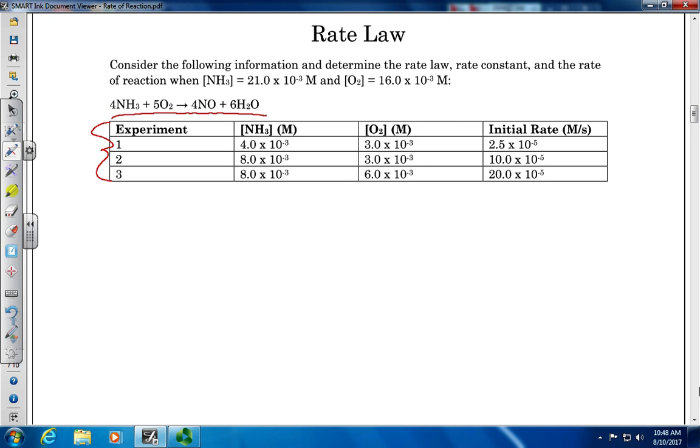So we can write the rate law in very generic terms, specifically that the rate is equal to some constant times the concentration of ammonia to some power, let's call it x, times the concentration of molecular oxygen to some other constant power y.